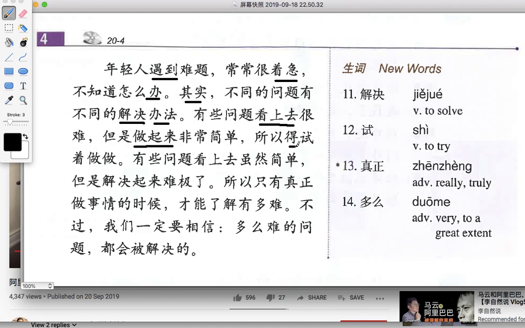This Chinese character has two meanings: a is the complement structure, and b means you must. 试着做做, trying to do, to give it a try. 有些问题看上去虽然简单, looks like, although simple, 但是解决起来难极了, extremely difficult when you try to solve it. Looks very easy but difficult.